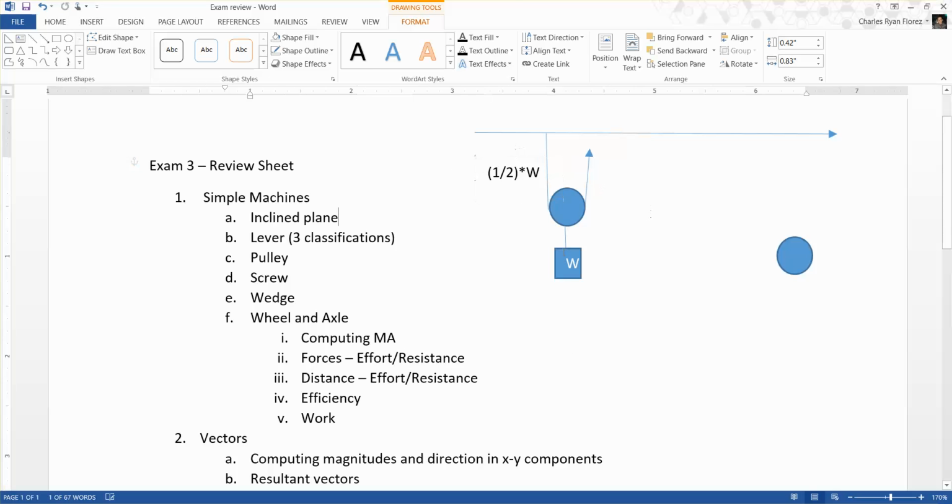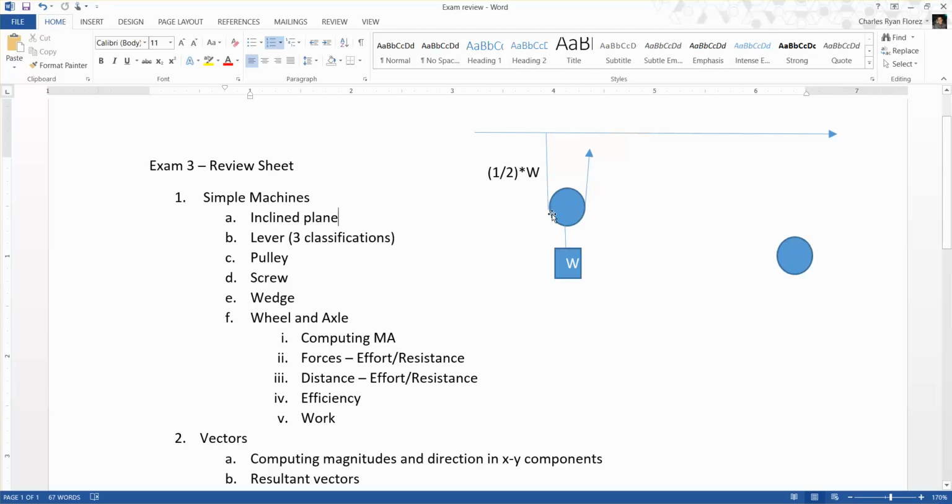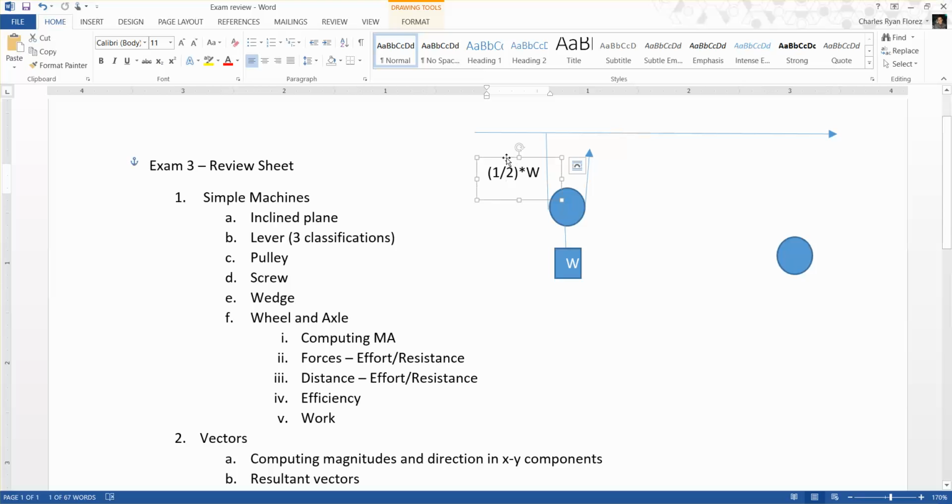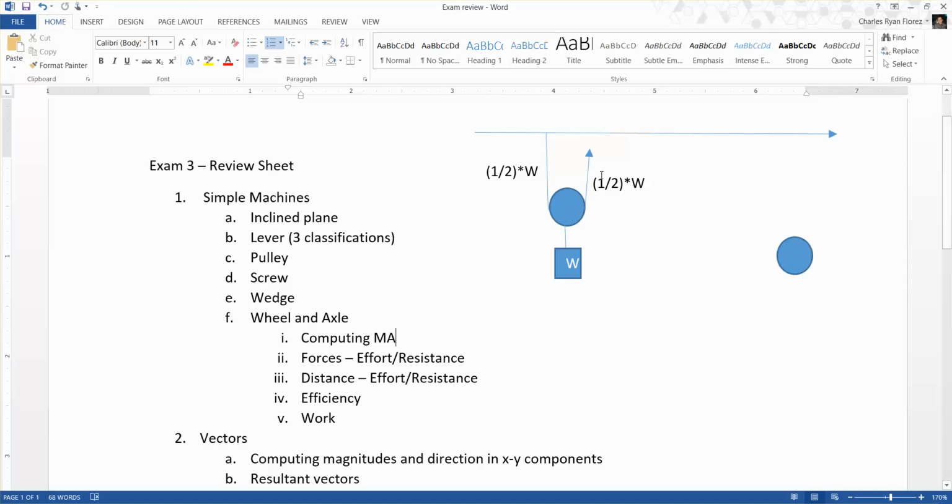We can say that the tension in this string, if you measure it, is essentially 1/2 times W. And the tension in this string over here is also 1/2 W. So you're essentially splitting, so if you're pulling here with this string attached here, you're pulling half the weight essentially. So that's the good thing about pulleys.